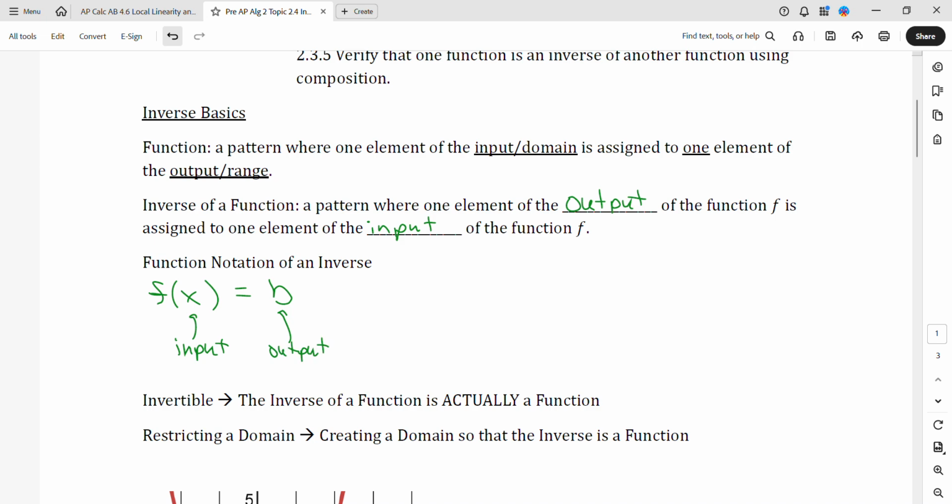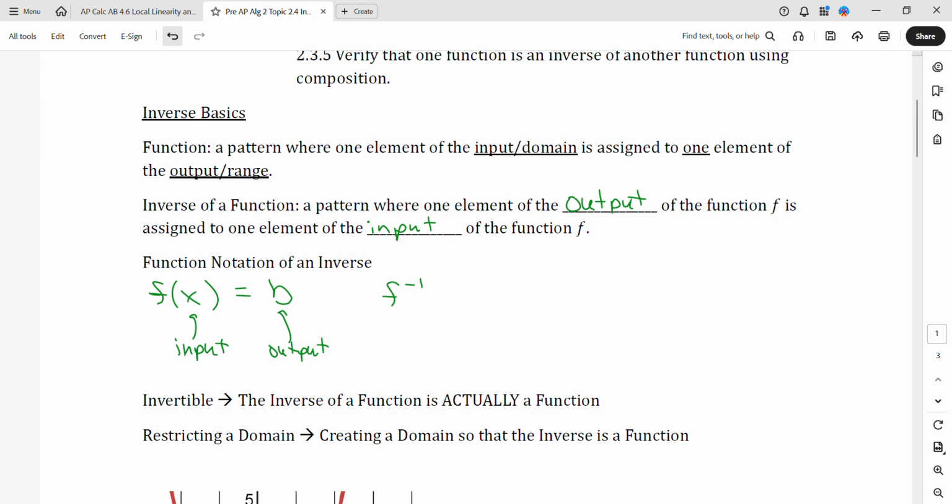Now, there's also function notation with an inverse. The inverse of a function is defined by f with a little -1 as an exponent, except it's not an exponent. It's just something to mark this function off as the inverse of f.